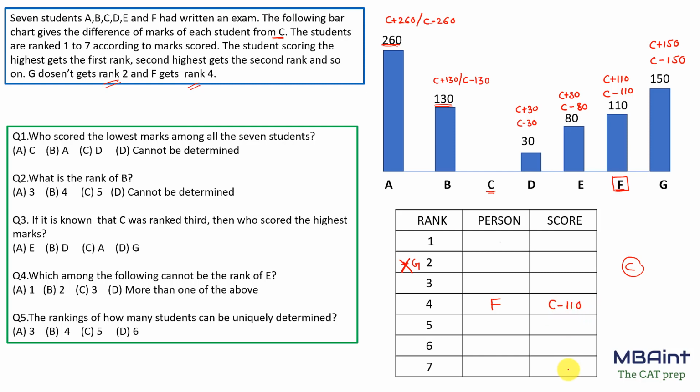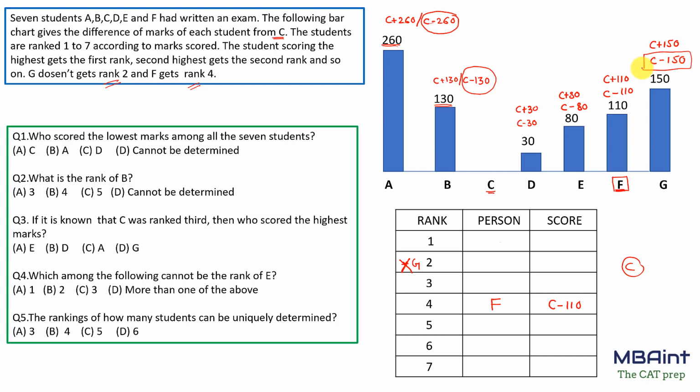Now who can have a value less than C minus 110? This could be a value, this could be a value, and the other value that we can have is C minus 150. We just have 3 values, right?